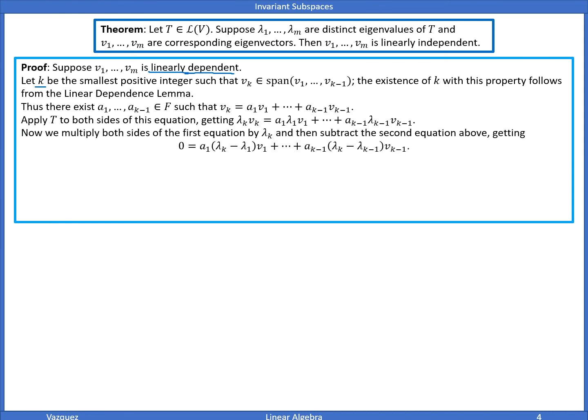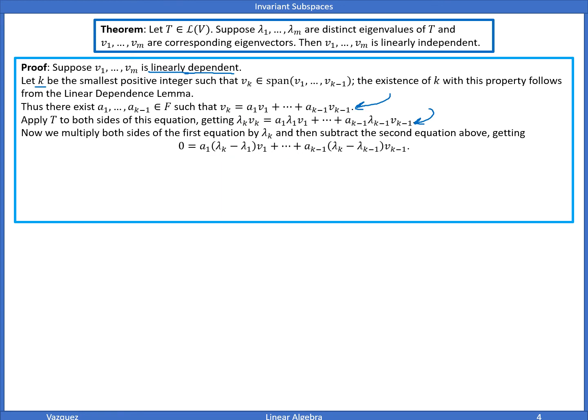So if we multiply both sides of the first equation, meaning this one here, by lambda k, and then subtract this equation, we will get exactly this. So 0, because this over here is lambda k vk, and we're subtracting exactly the same thing over here. That's why we get a 0.